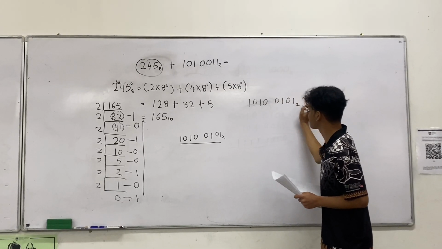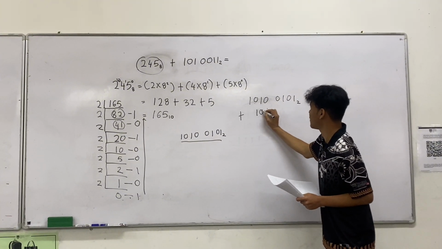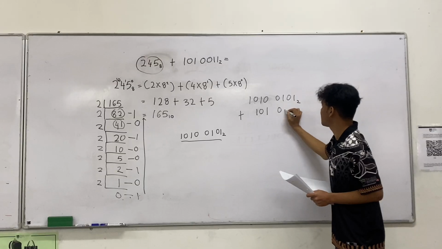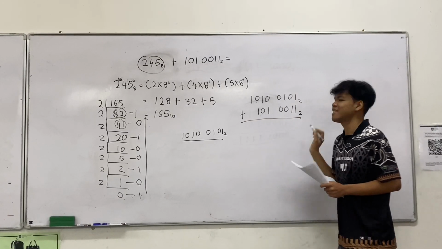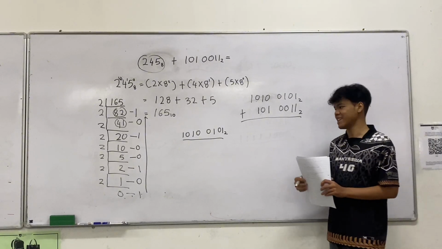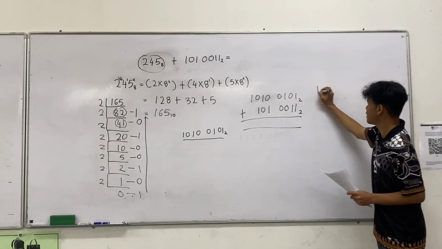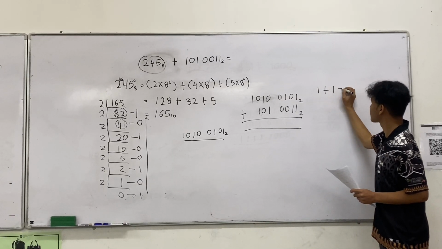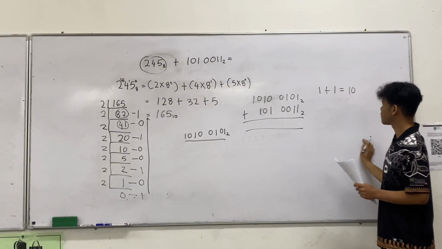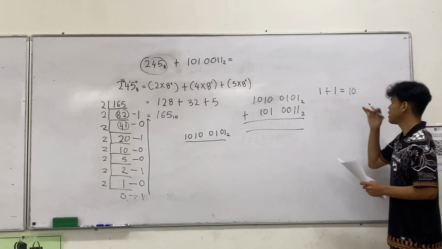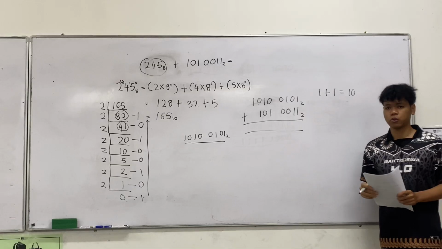10100101 plus 1010011. So let's start our calculation. 1 plus 1 equals 10. Why do we put 10 over 2?